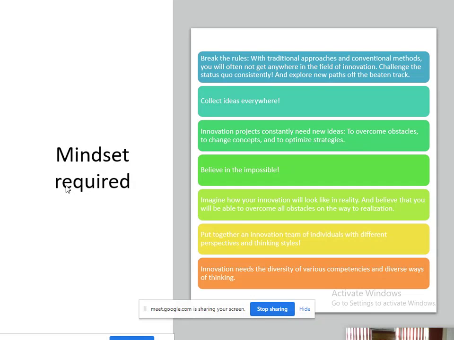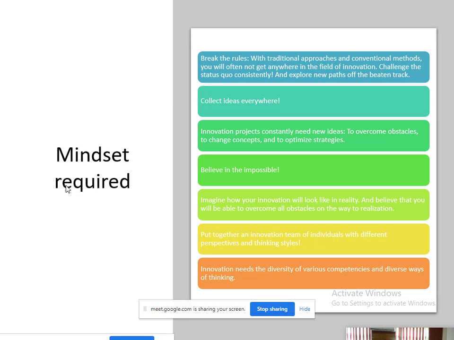And next is put together an innovation team of individuals with different perspectives and thinking styles. Definitely in the innovation team, suppose in this organization we are going to add some new features, we must have some innovation team, and the members must bring some new features or new ideas inside their minds.